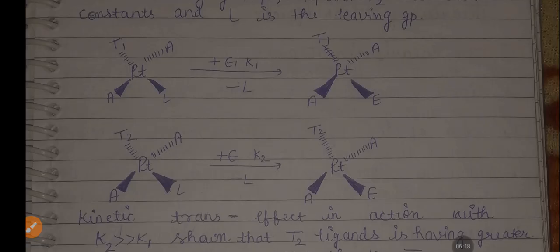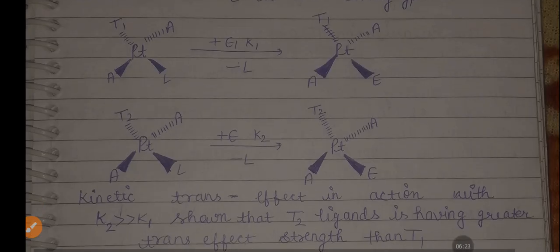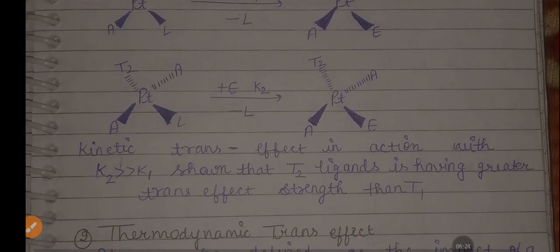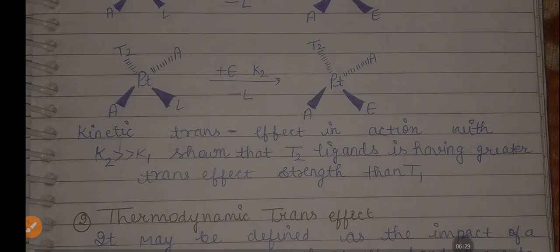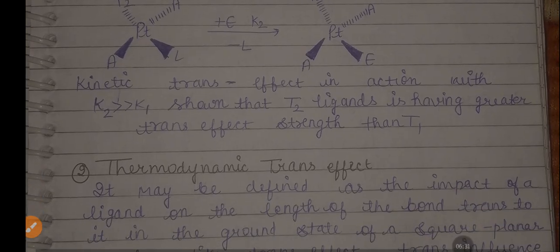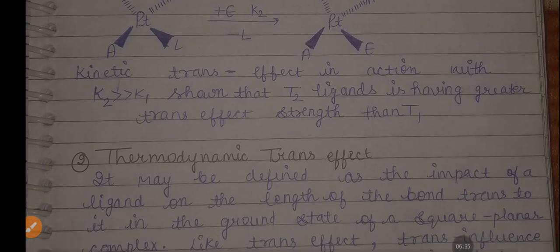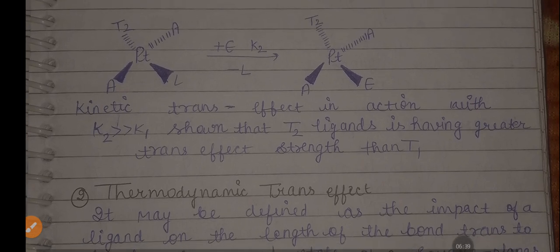Then ligand L is removed from its position and E is attached at the L position at a constant K1. Similarly, in K2, the kinetic trans effect is in action, with K2 greater than K1, showing that the T2 ligand has a greater trans effect strength than T1.